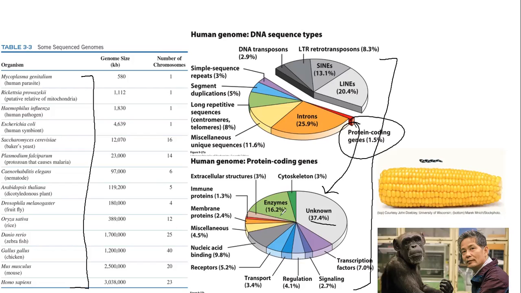Enzymes, something that you'd think makes up a lot of your protein coding genes, because a lot of proteins are enzymes, that's only 16.2%. You can see that if you just look over here, you got a lot of structural proteins, membrane proteins, immune proteins, extracellular structure. So just the take home from this image is that the DNA of humans, most of it doesn't make proteins.